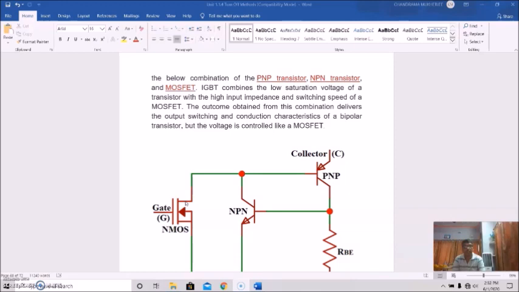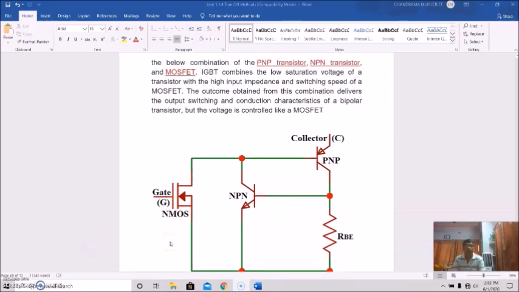The outcome of this combination delivers the output switching and conduction characteristics of bipolar transistors, but the voltage is controlled like a MOSFET.